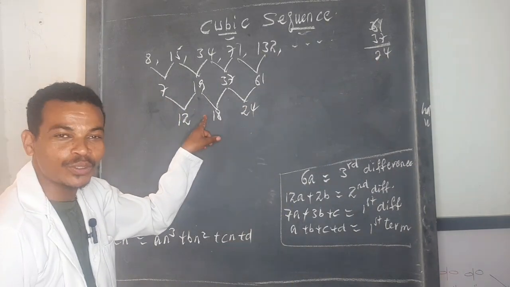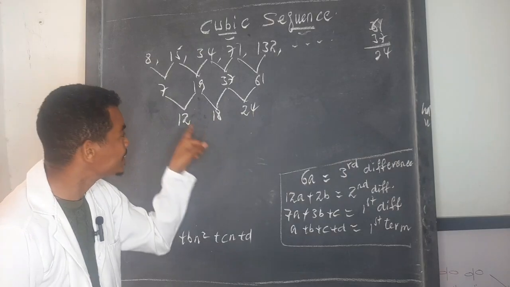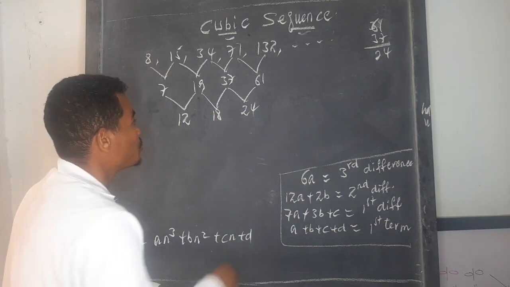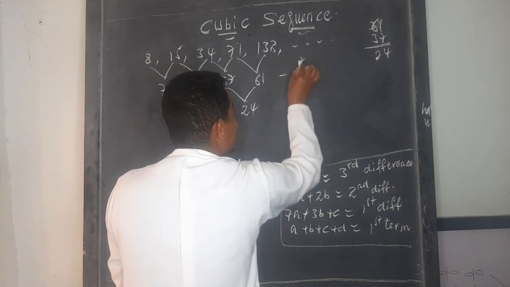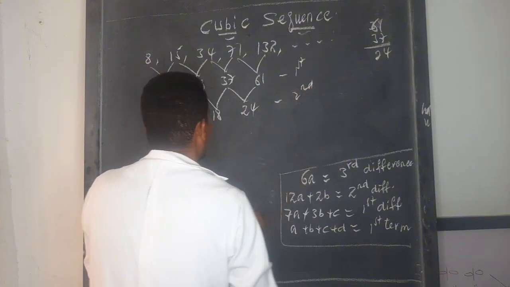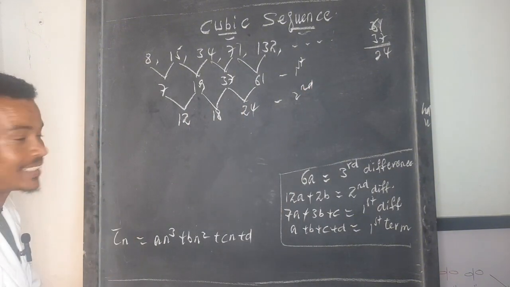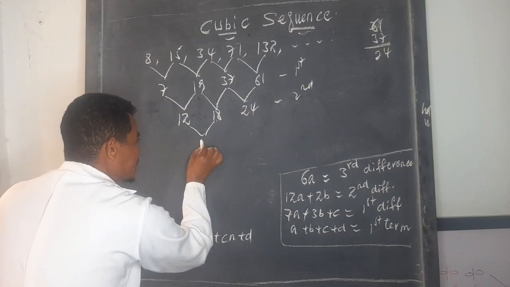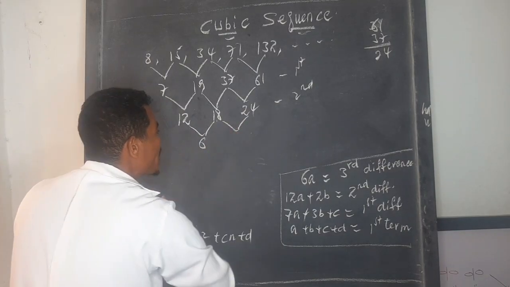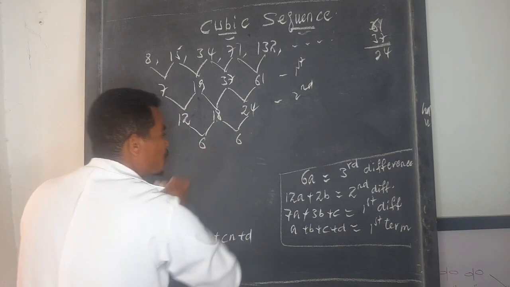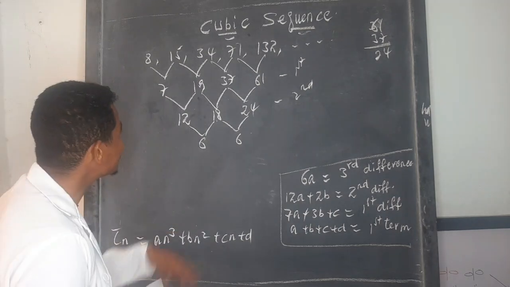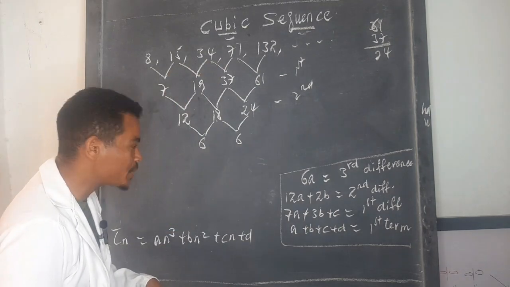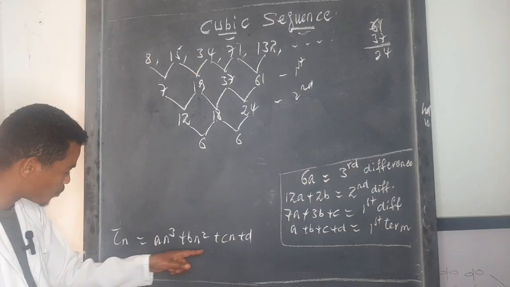Again, this sequence is not quadratic because the second difference is not constant. This is the first difference, this is the second difference, and let's check the third difference. 18 minus 12 is 6, and 24 minus 18 is 6, which is constant. It means this sequence is a cubic sequence.